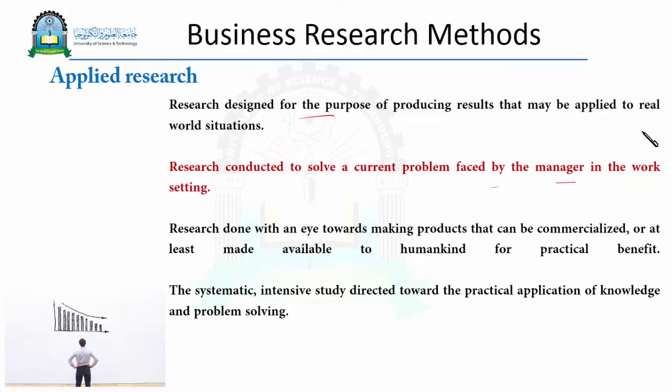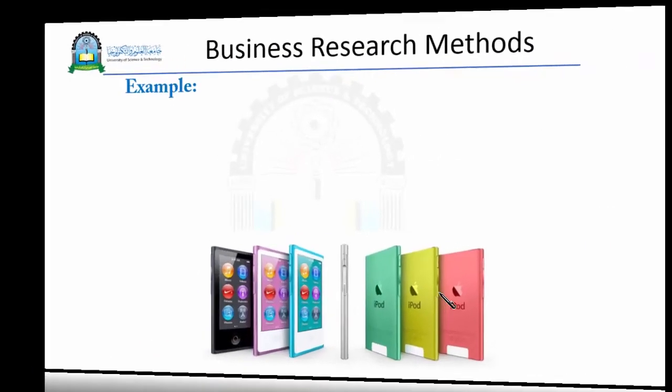So it is again research done with an eye towards making products that can be commercialized or at least made available to humankind for practical benefits. It is also the systematic intensive study directed towards the practical applications of knowledge and problem solving.